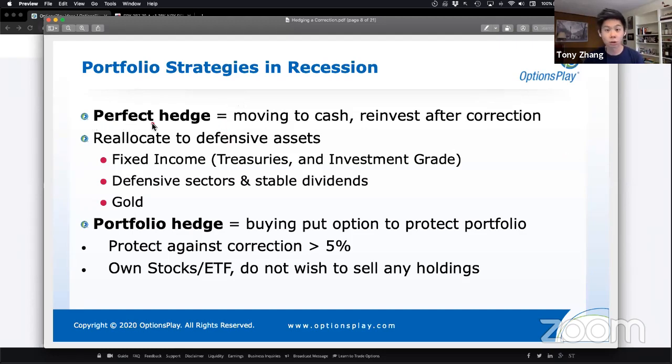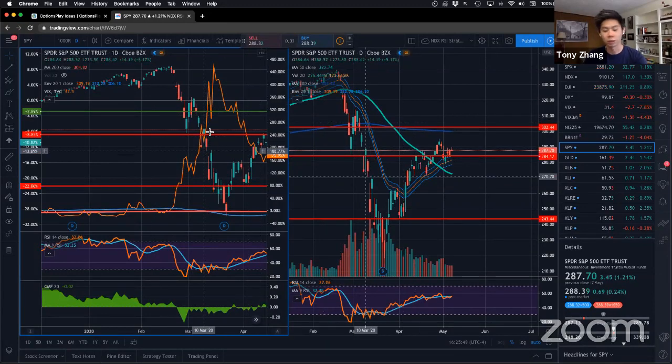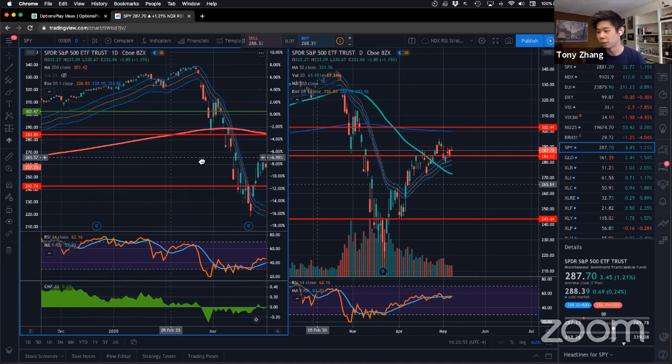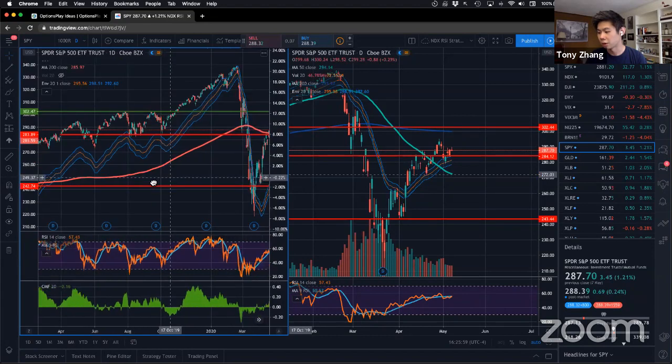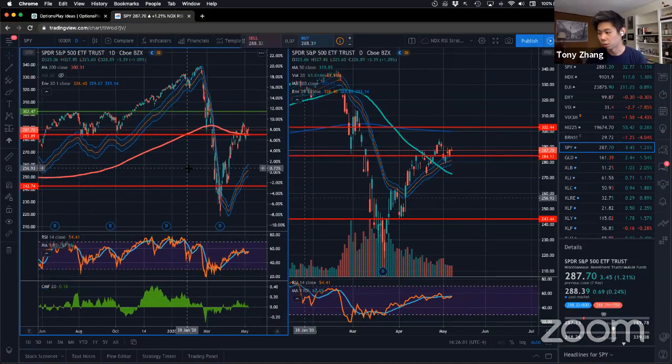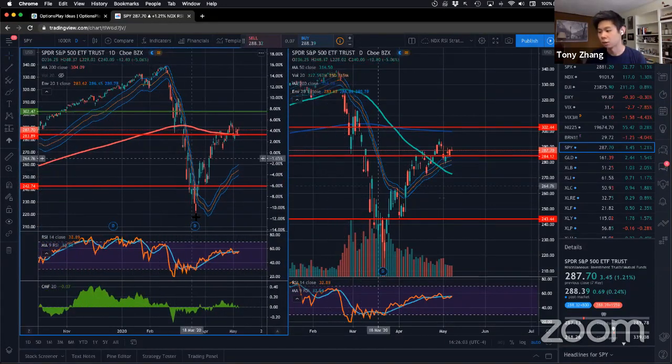But there's a thing called a perfect hedge, meaning moving your assets into cash and then simply reinvesting it after the correction is over. If you're looking at the overall markets, you notice that markets are reaching a bit of a peak, and you think about moving your assets into cash and then reinvesting when you think the market has bottomed.